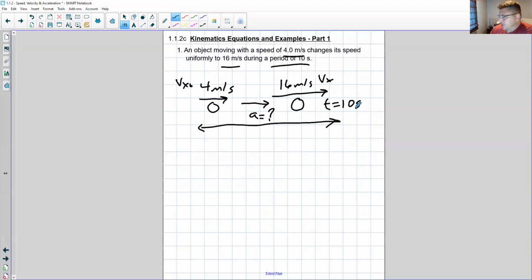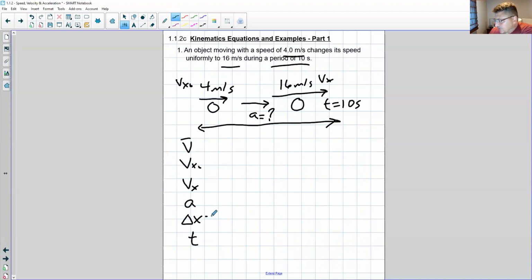So there are a few things we can do here, right? In terms of kinematics, there are essentially 6 different things we can calculate. We can calculate average speed, initial speed, final speed, acceleration, change in position or distance, and time, right?